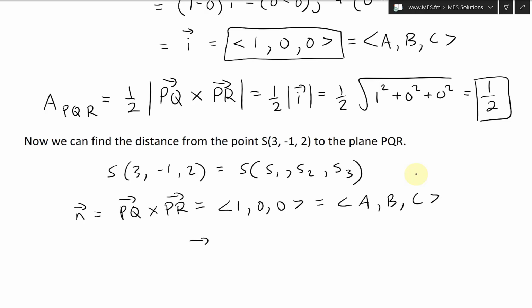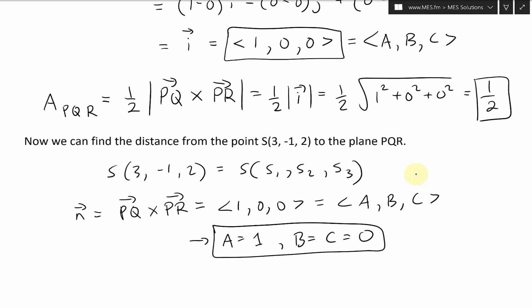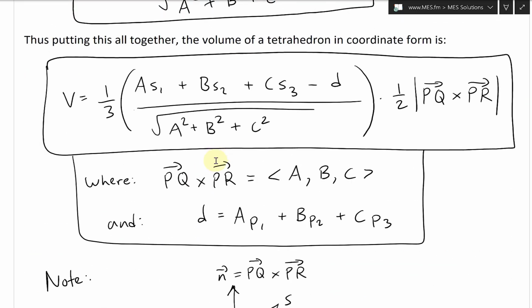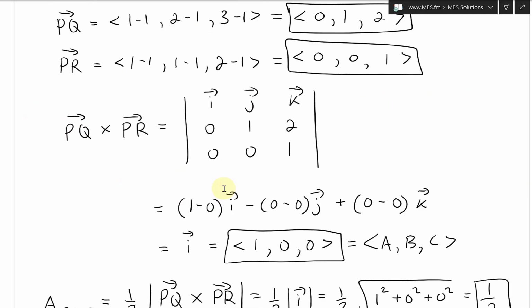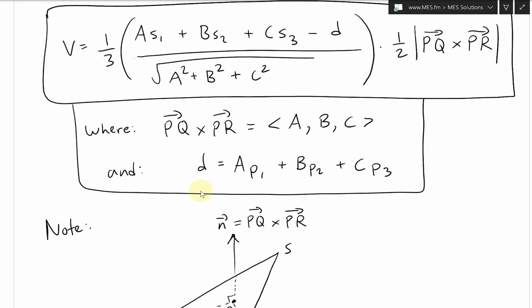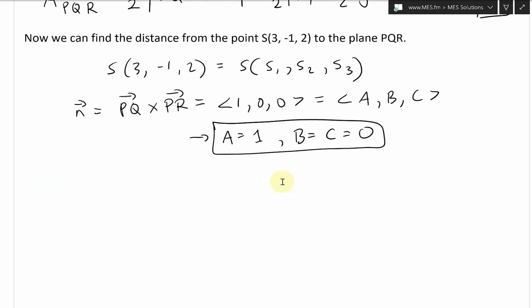In other words, we have A equals 1, and B equals C, which equals 0. So let's just circle these. That's what we have. The next step is we need to solve for D. And this is the point P, and the coordinates of P are just 1, 1, 1. So let's write this down here.